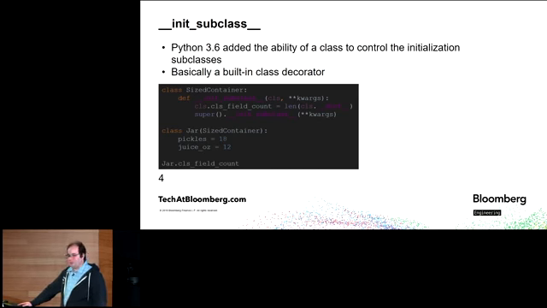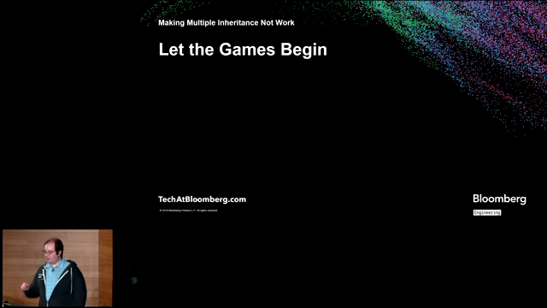Okay, fine. It's a bit weird, but I can count them up after you initialize the class and add that. So here, SizedContainer has this init subclass magic method, and Jar is a SizedContainer. It has pickles. It has some number of pickles, and it has some amount of juice in it. And it has a field count of 4. That's the name, the module, the pickles, and the juice. Okay. Let the games begin.